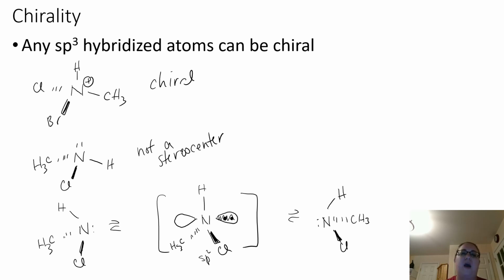We can do this rapid interconversion because those lone pairs aren't bonding, so they're not stuck in that hybrid orbital because there's no overlap. So it can rapidly interconvert between the two mirror images, which means we don't have to do any rotation to make it match the original structure. It literally just has to flip back and forth, a pseudo-rotation. So when we're talking about 4 different attachments to sp3 hybridized atoms, in order to be considered chiral, they have to be attachments. They have to be bonding electron domains. It will not work if we have these non-bonding electron domains.